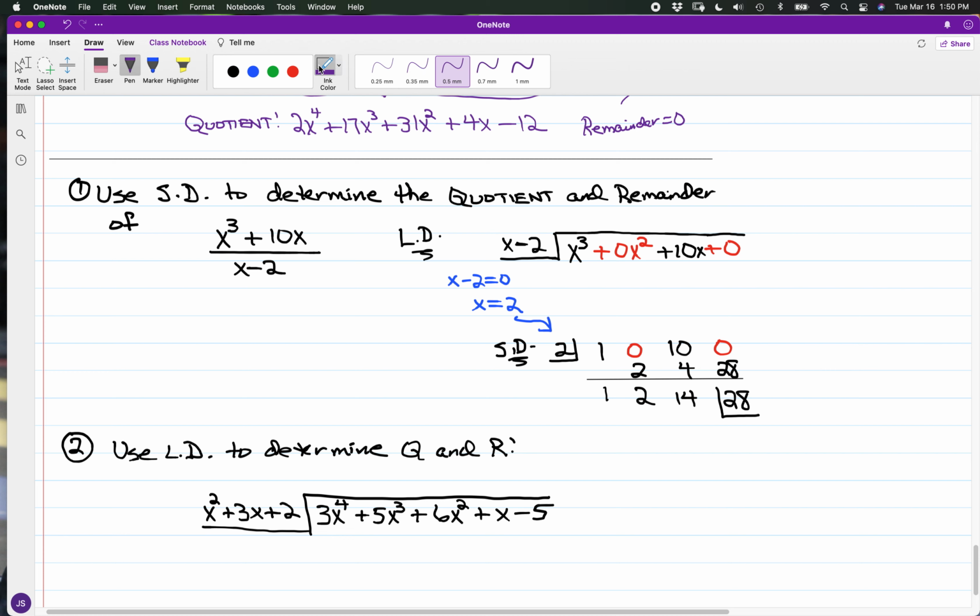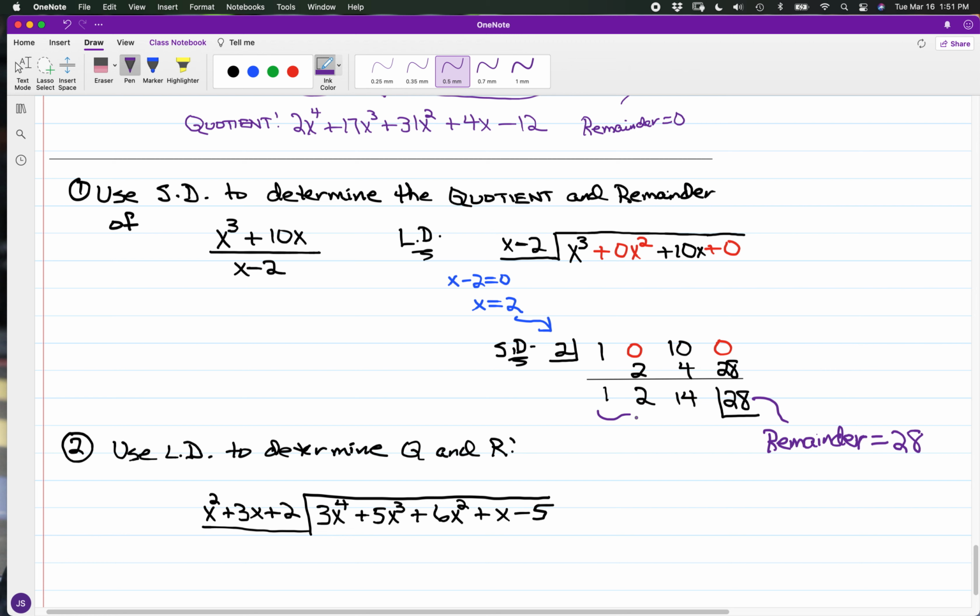The last column total is 28, so the remainder is equal to 28.